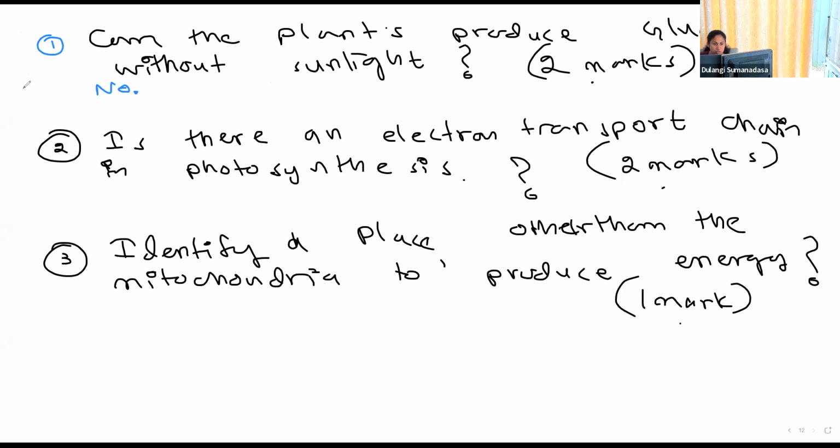That means the glucose production won't take place. So the answer is no. Is this clear? No, because the products of light dependent reaction, the energy, need to be an input for the light independent reaction to produce the glucose. You can't produce glucose without sunlight.